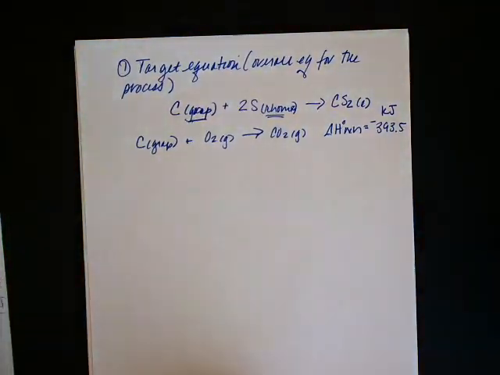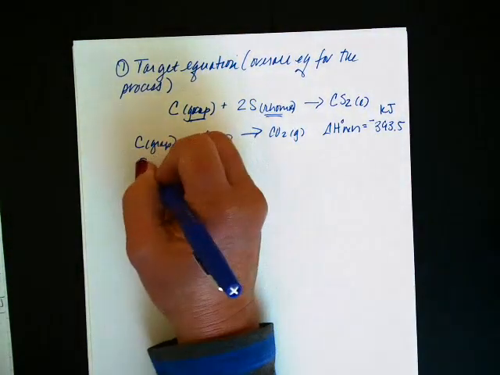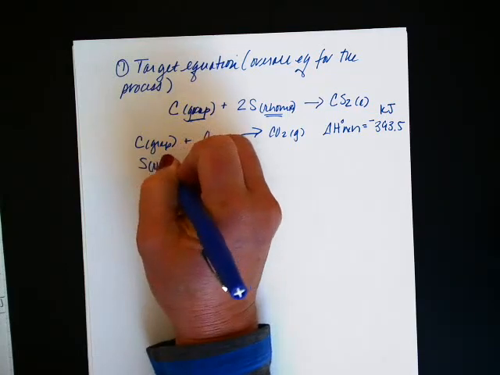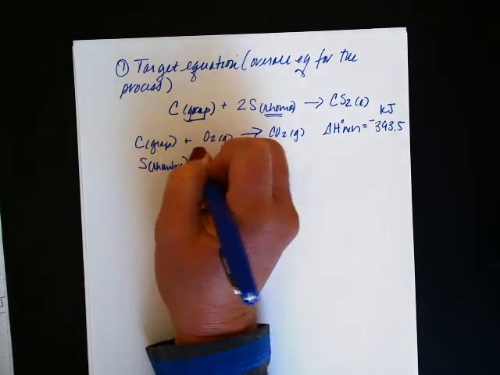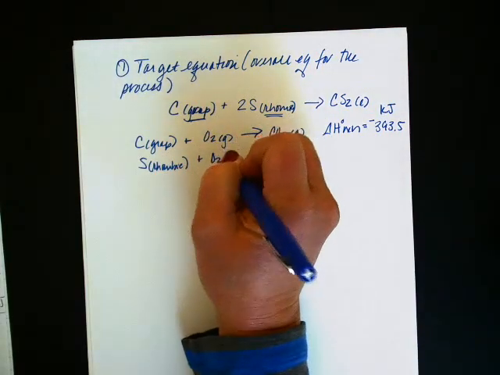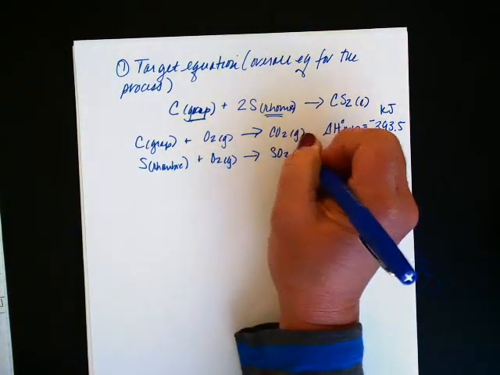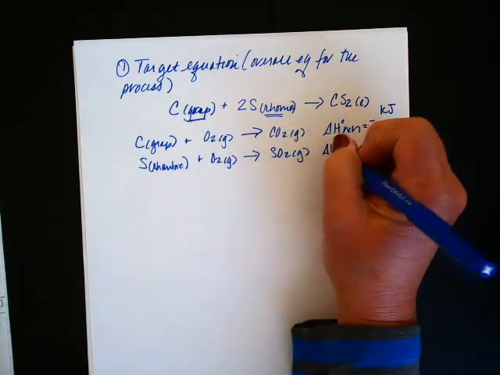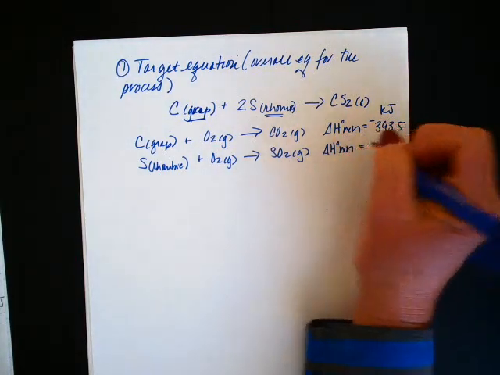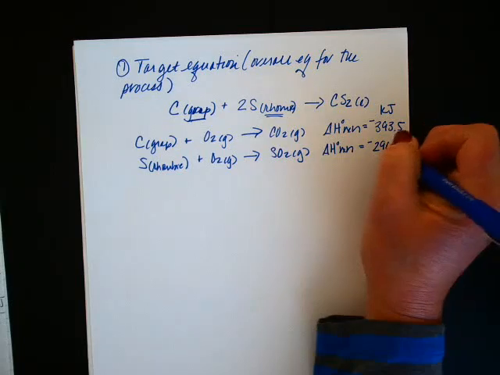We're also given S rhombic reacting with O2 gas to give us SO2, and the standard heat of this reaction is negative 296.1 kilojoules.